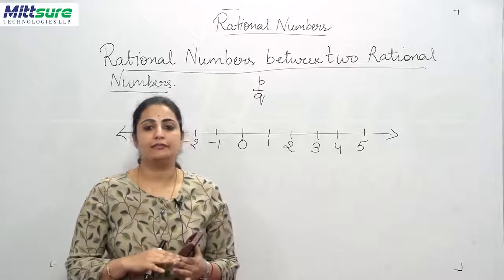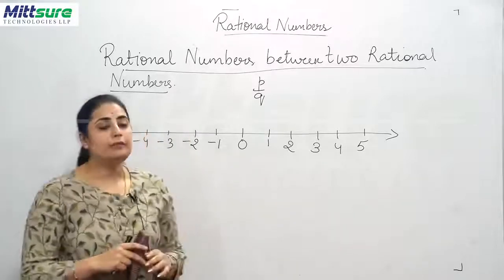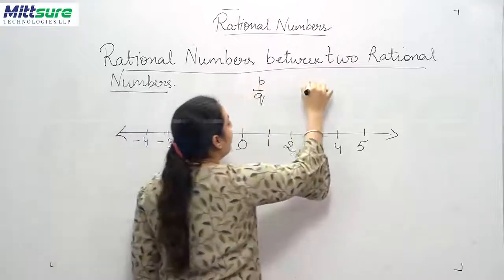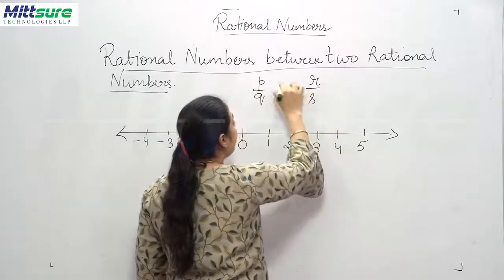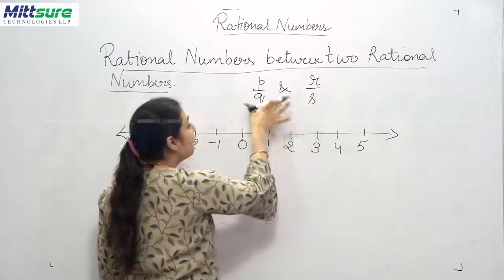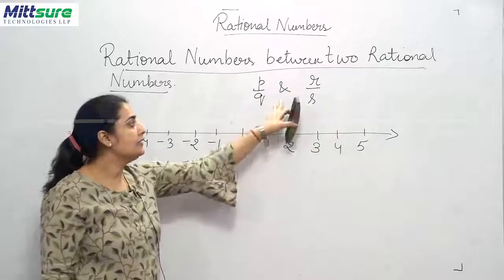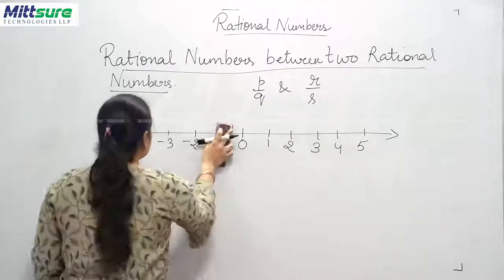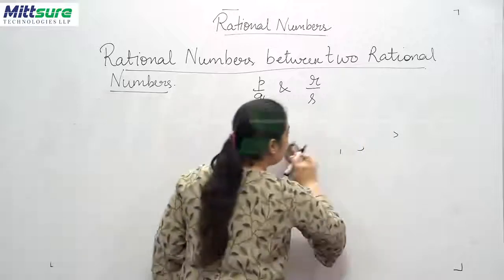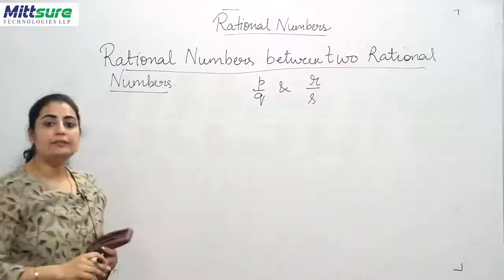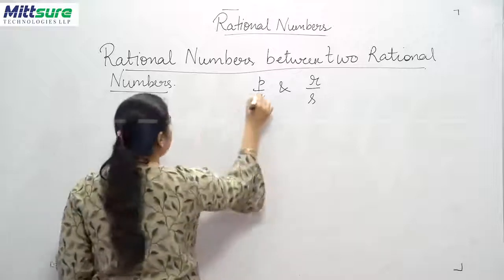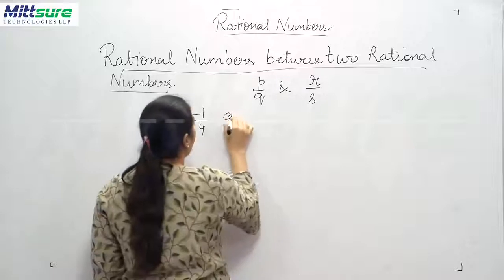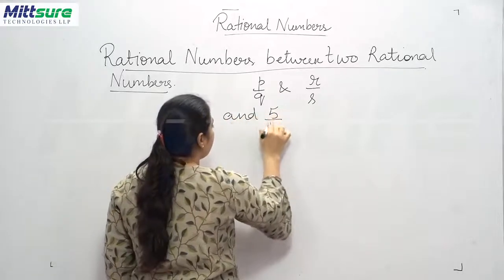Here, suppose there are rational numbers p upon q and r upon s, then how many rational numbers are present in between these two rational numbers? To understand it in detail, I will take an example where 1 upon 4 and 5 upon 4 are the two rational numbers.